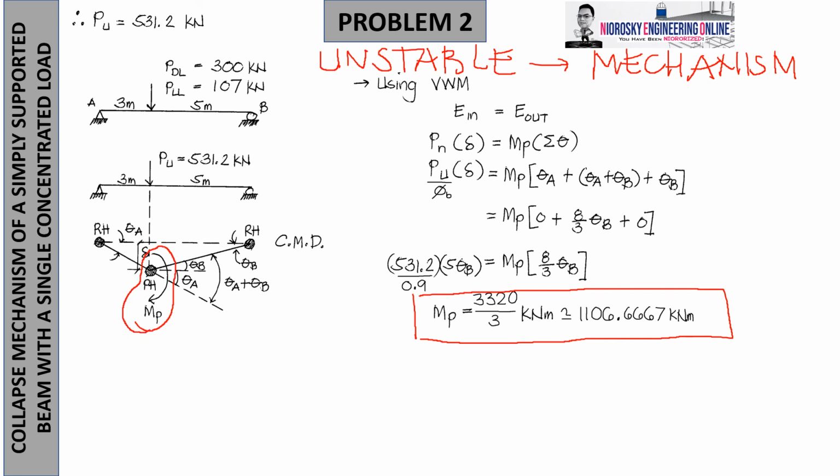Siya yung pinaka-mekanismo para masabi natin, nagkakaroon siya ng pagtupi, katulad nung dinidiscuss natin on the previous problem and also to the concept and the principle it goes with respect to the direct, no? Yung conceptualization ng paano nangyari yung collapse mechanism. So finally, you will understand that this is the same plastic moment that should be found, no? Kapag kinumpare natin sa elastic theory. Is it correct? Let us find out.